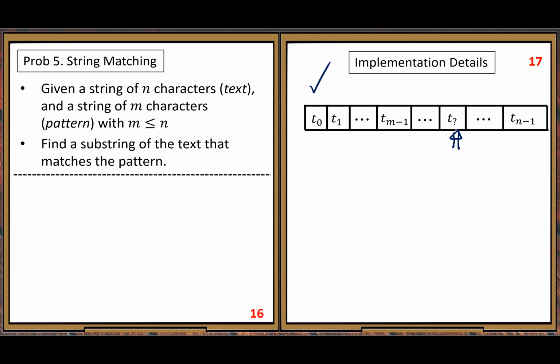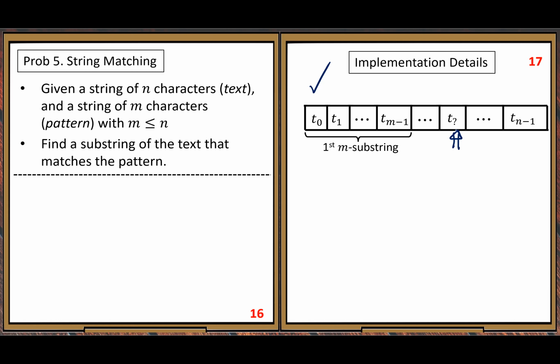So can we use some simple way to calculate what this subscript is? Think about it. It's a simple question.